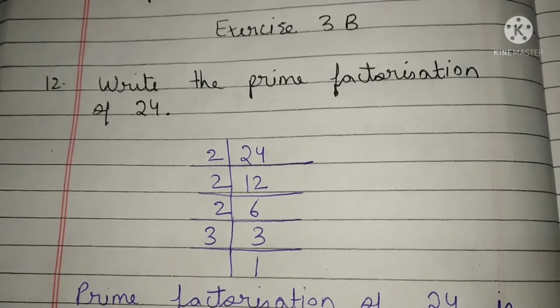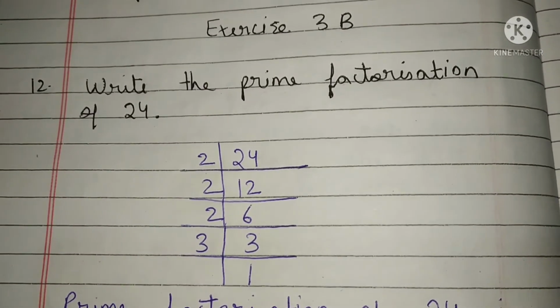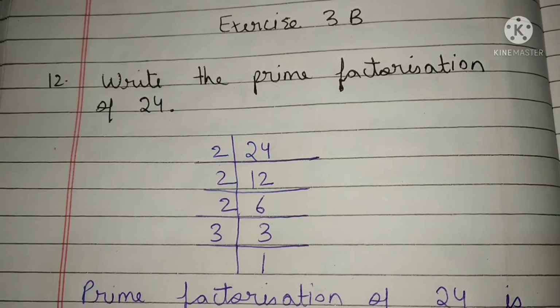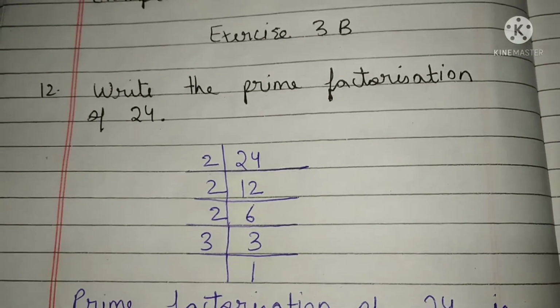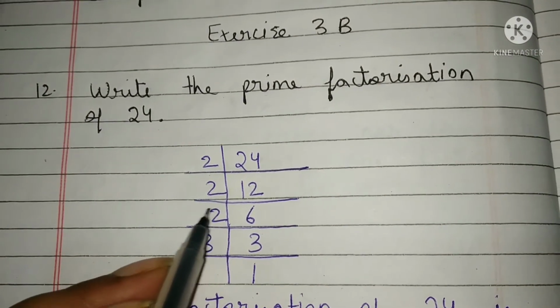Students, in this question we have to write the prime factorization of 24. So the prime factorization of 24 is 2 into 2 into 2 into 3.